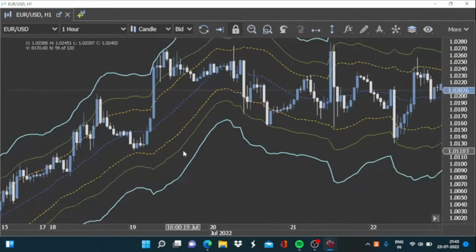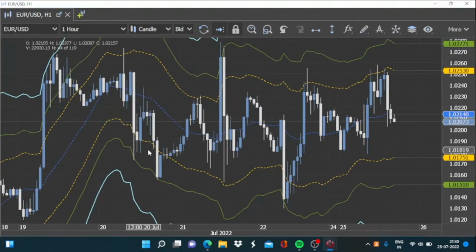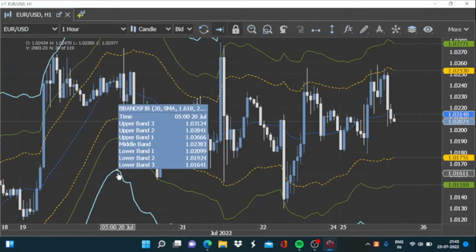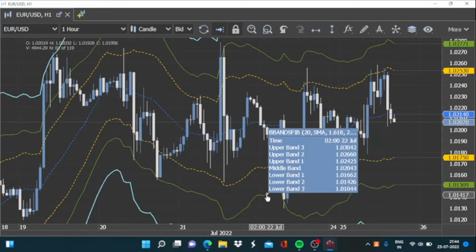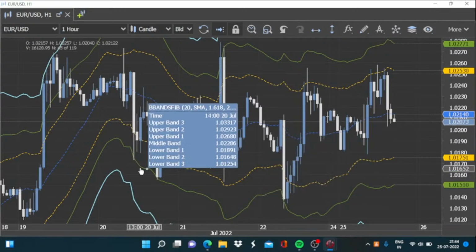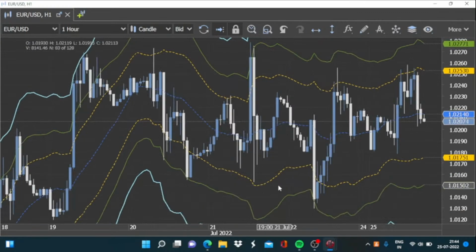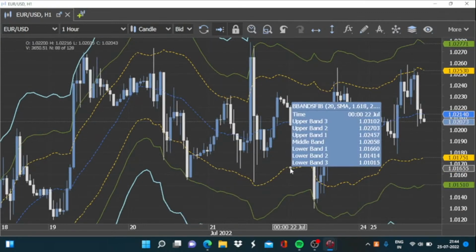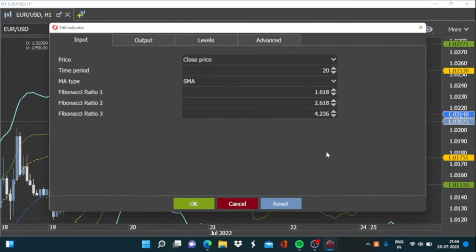Now we see how we can get the customization done. As you can observe, this is the hourly chart with the default state of the 50 moving average, and on that we have plotted this Fibonacci ratio upper and lower band. If you want to get a configuration with a higher time frame or lower time frame, all you have to do is go to these editing options.